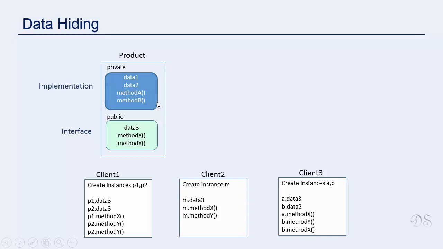These changes may be done to fix some bugs, to change some functionality, or maybe to improve efficiency. Any change in implementation does not affect the client code because client is not using the implementation part. It is not concerned about how the class is doing its work. It just gets its work done by calling these public methods.